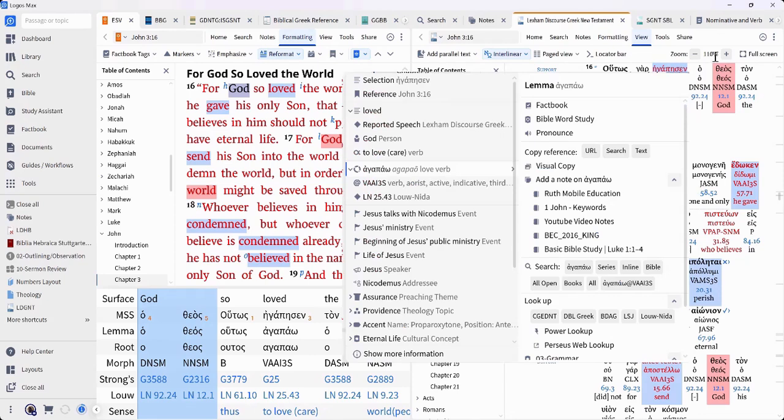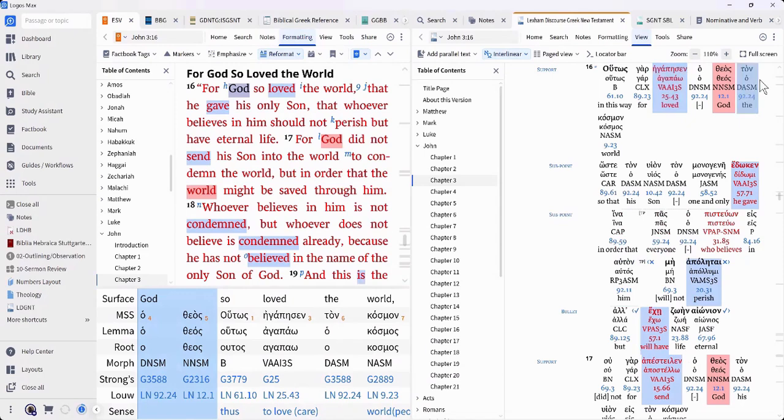Since this is active, God is acting upon the world here. So he loves the world. The object of his love is the world. And here God is functioning as the subject of the sentence.